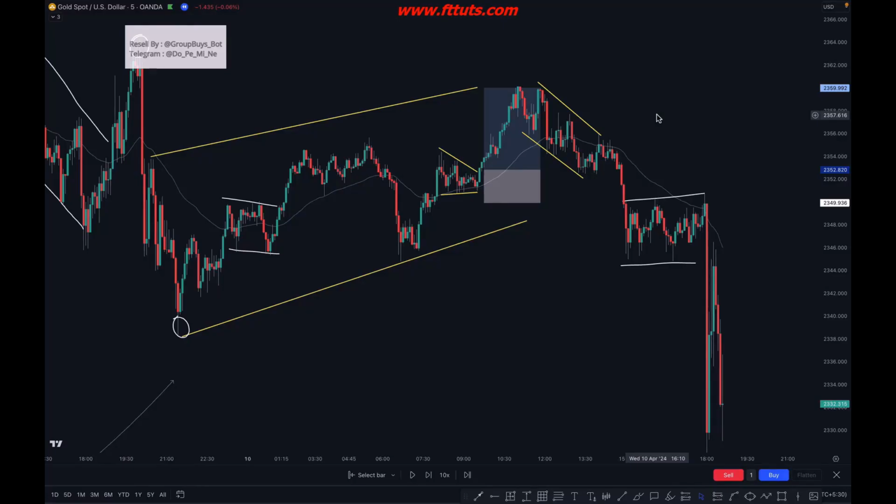Once you identify them, identify the structure, then use the EMA 50 moving average: we can buy or sell based on EMA rejection with a healthy bullish or bearish candlestick formation, and set our 2R as a target, and you can set 3R, 4R as per your plan. But I suggest you start with 2R, which is really great. If you win 50% of the time, then at the end of the month you will be profitable.